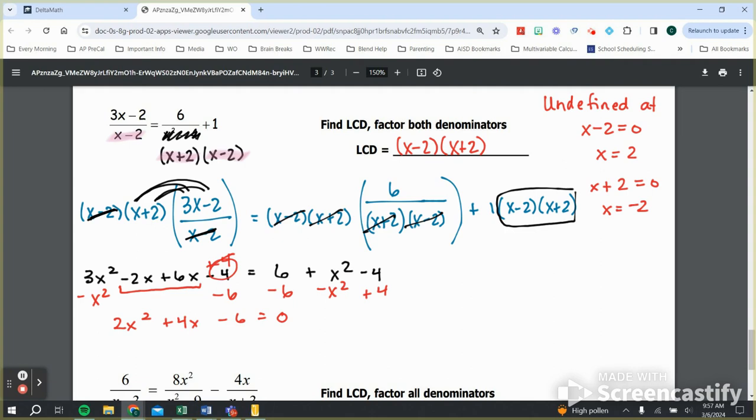All right, so to solve here, I can see that they're all divisible by 2. So if I divide both sides by 2, that leaves me with x squared plus 2x minus 3 equal to 0. And now I'm going to look for factors of negative 3 that add up to 2. So we're going to use 3 and negative 1.